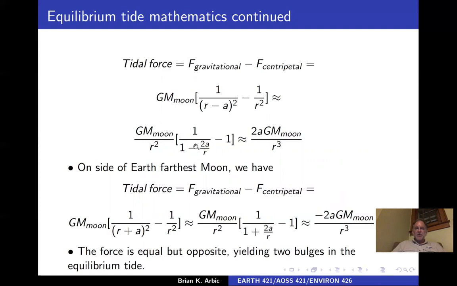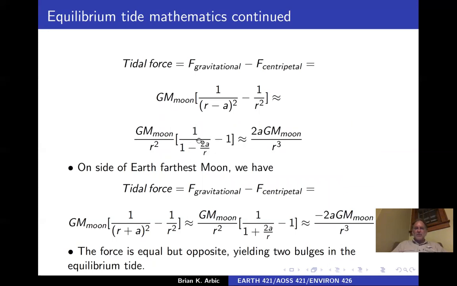But this part here, you use the fact that r is much greater than a. So r minus a quantity squared is r squared minus 2ar plus a squared. But because a is very small, that plus a squared we neglect. So then you can write this as 1 minus 2a over r.